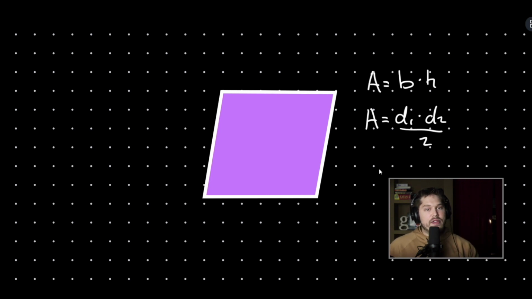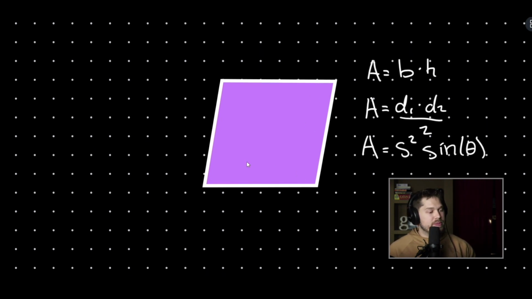And then the last formula for a rhombus is the area is equal to your side length squared times the sine of theta. Okay, so here are our 3 area of a rhombus formulas.